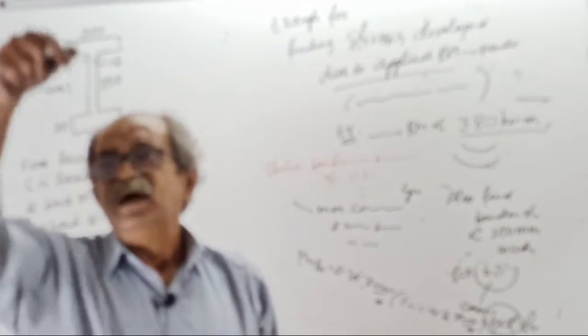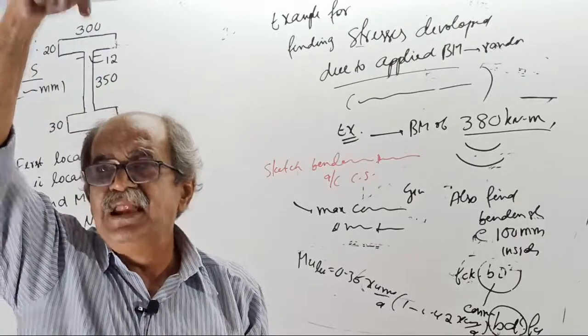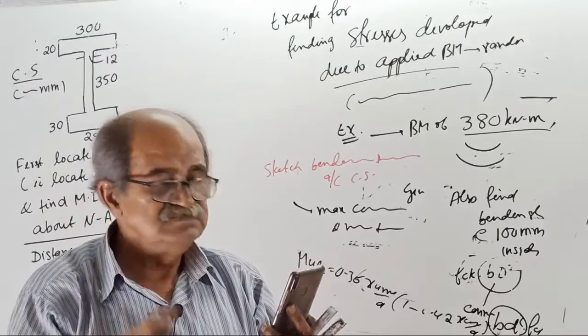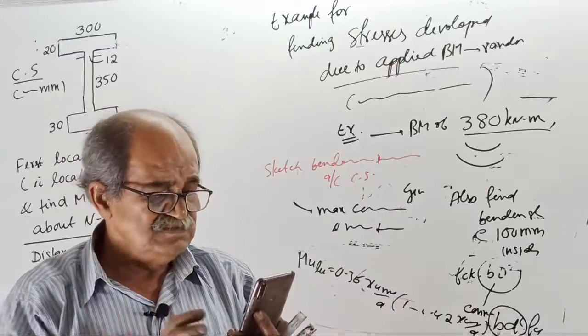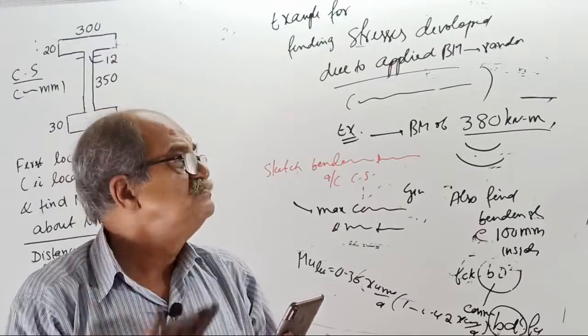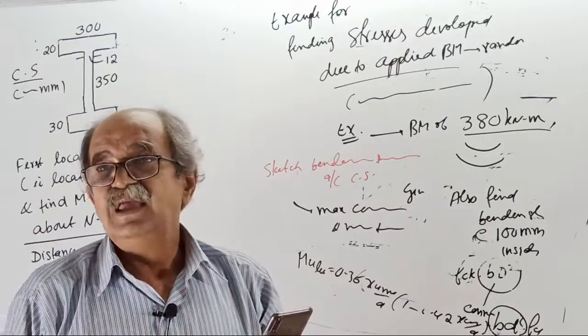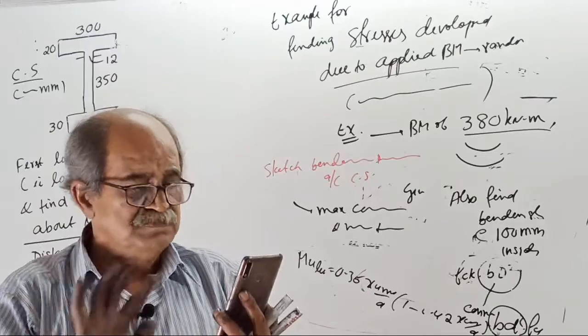And if free, find the bending stress in elements which are situated 100 mm inside of the extreme fibers. Question clear? First, see, there is no strength based now. Eat the food and pay the bill. Here, permissible will not come.